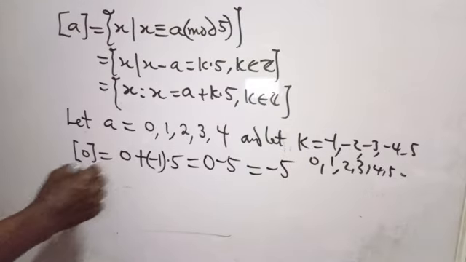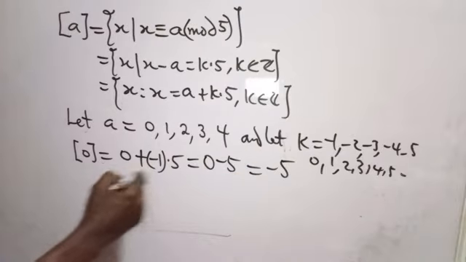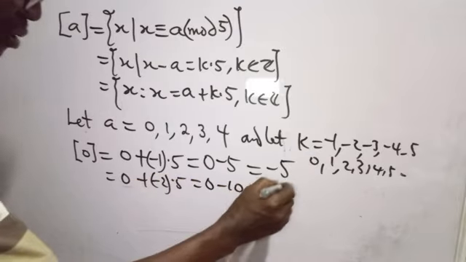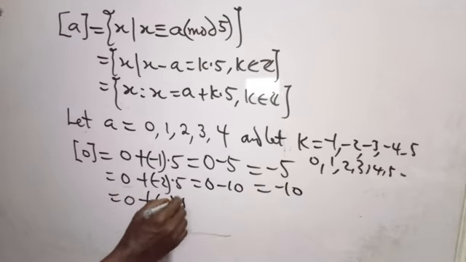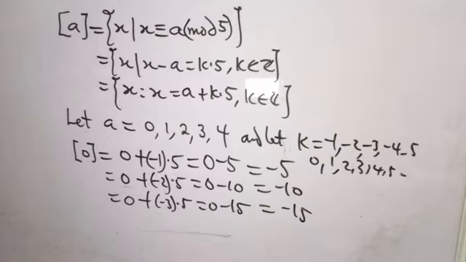You can see how we vary K. 0 plus minus 2 dot 5 is 0 minus 10, that's minus 10. 0 plus minus 3 dot 5 is 0 minus 15, that's minus 15. I hope you are getting this logic.